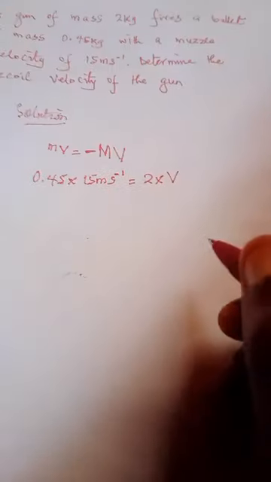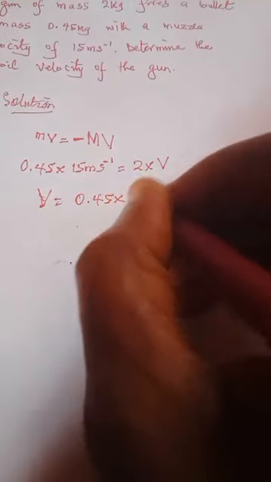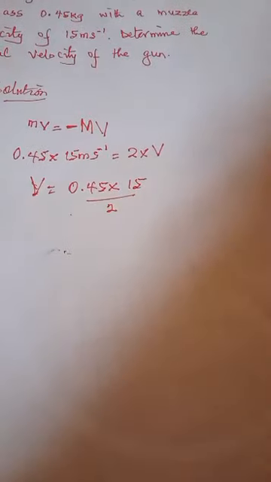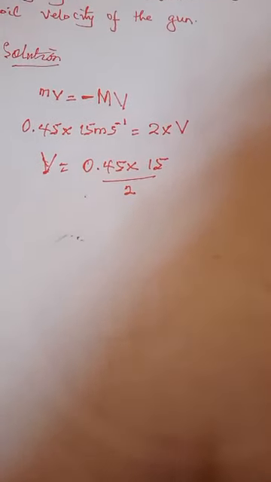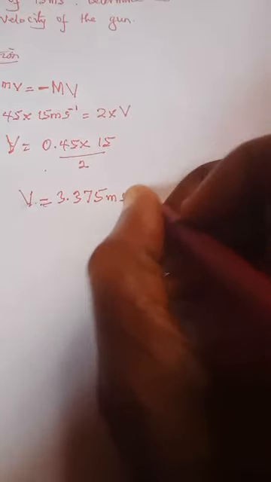Now we make V the subject of the formula. We now have V equals 0.45 times 15, all divided by 2. So if you check the calculator for this, the recoil velocity of the gun is going to give us 3.375 meters per second.